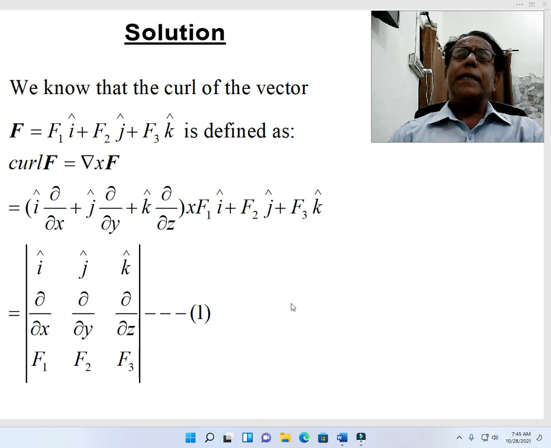has been taken cross product with vector f. Okay. We know that del operator nabla has the value of this form. Okay.